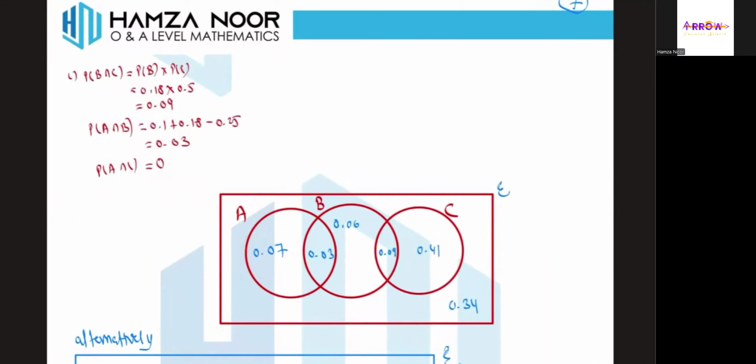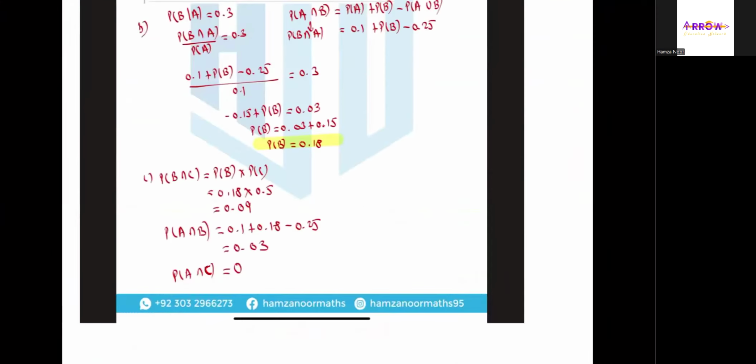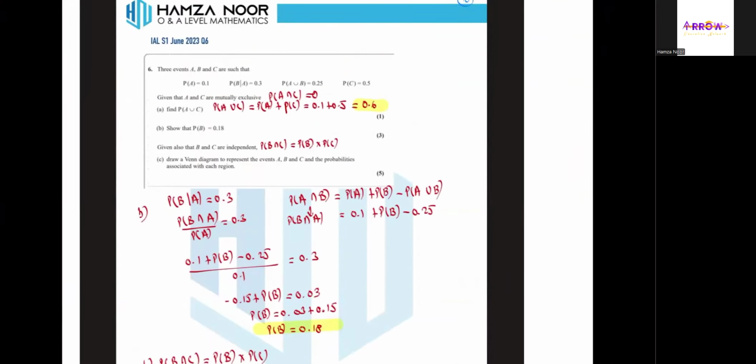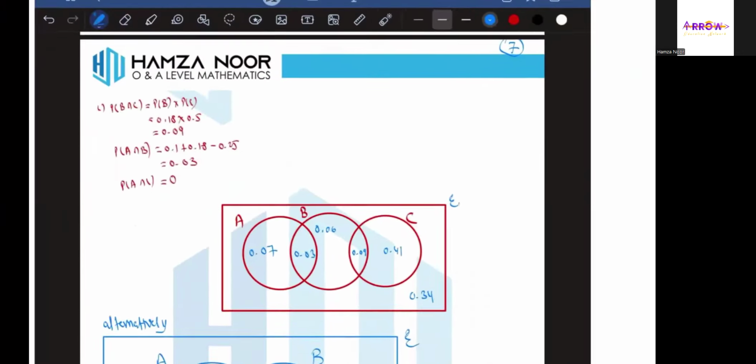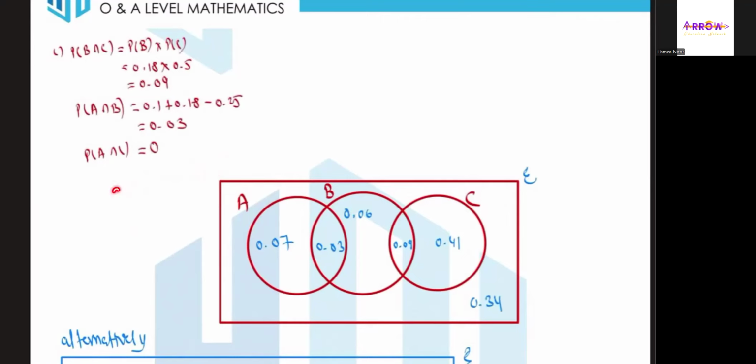Okay, and as you know, the probability of B we have already shown is 0.18, isn't it, in part B. So from 0.18 you are going to subtract the two overlaps, and here you will get the value 0.06.